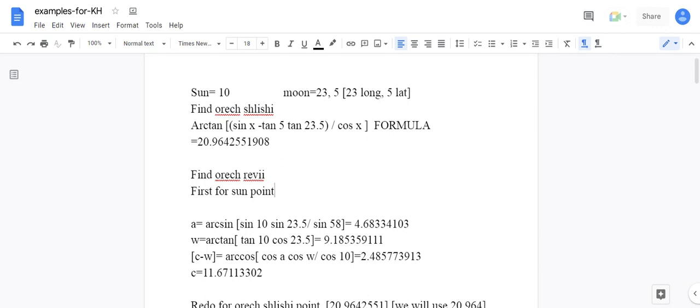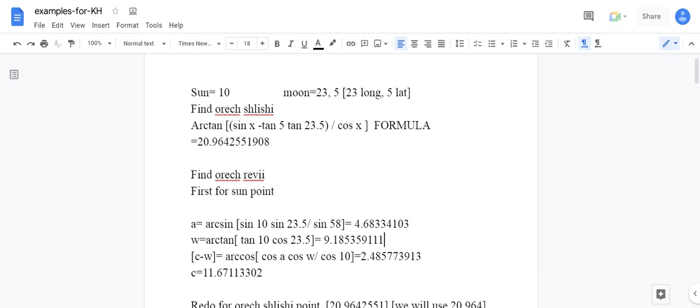This is the first value C, and it means, to be very practical, that when the ecliptic in Israel, the point of 10 of the ecliptic sets, then also the point of 11.67 of celestial equator sets simultaneously. This is what it means practically. You're finding out what point of celestial equator sets when 10 of the ecliptic sets.